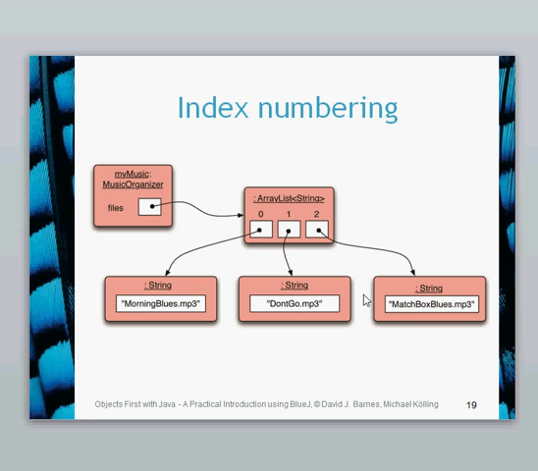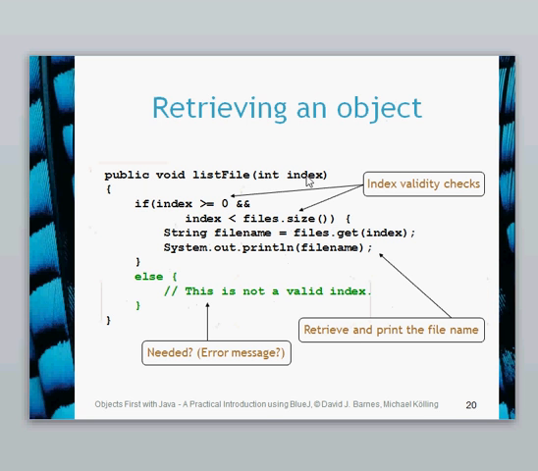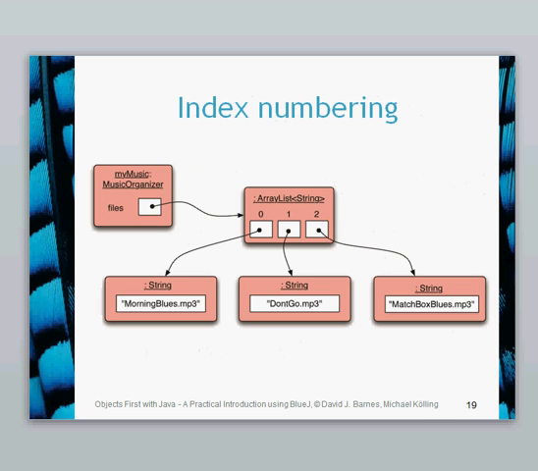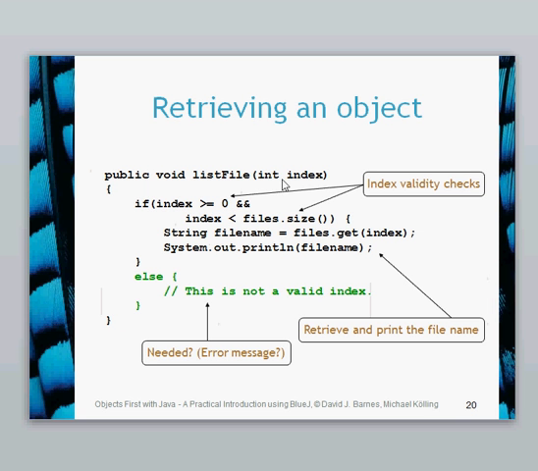What we do is put in the index, which in this case would need to be 2, and then we retrieve that specific object. Here we've got: if index is greater than or equal to 0, because if someone puts a minus number in, that's not going to be correct, and the index is less than files.size. That makes sure they haven't put in an index bigger than the actual size of the ArrayList.